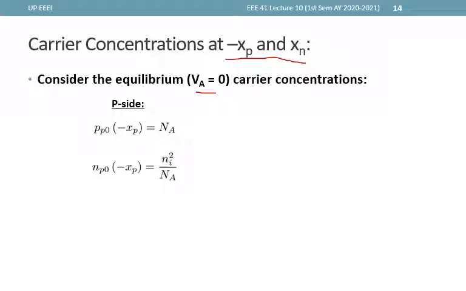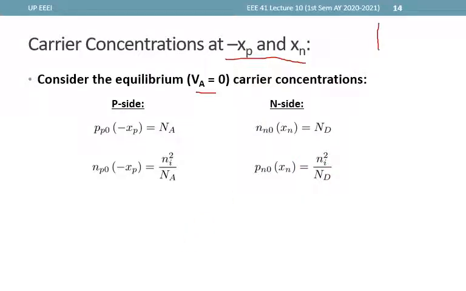At the p side, the hole majority concentration is approximately N_a, and the minority carrier concentration at the p side is simply n_i squared over N_a at the edge of the quasi-neutral region, which is also the edge of the depletion region. For the n side, the majority carrier is simply N_d, whereas the minority carrier is n_i squared over N_d.